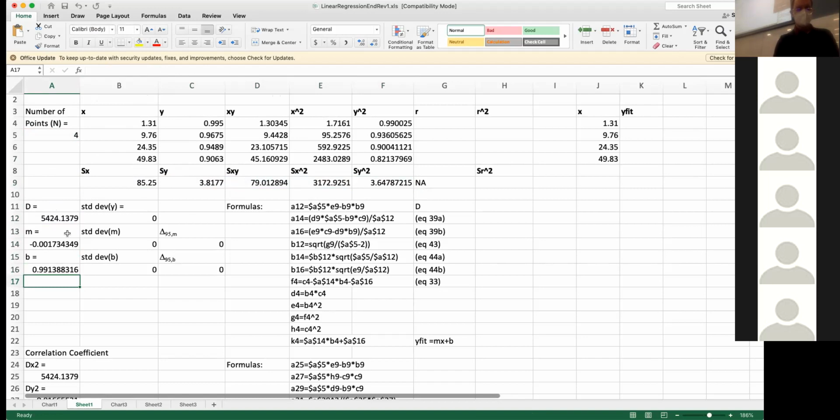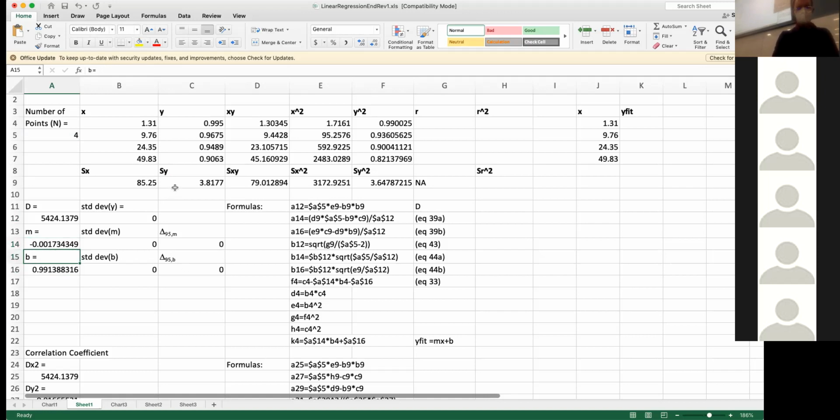And so you see that the slope of the line should be minus 0.0017, and the intercept should be 0.9913. The intercept is unitless. The slope is going to have units of what? The y-axis is unitless. The x-axis is in units of atmospheres. So it's going to be 1 over atmosphere.